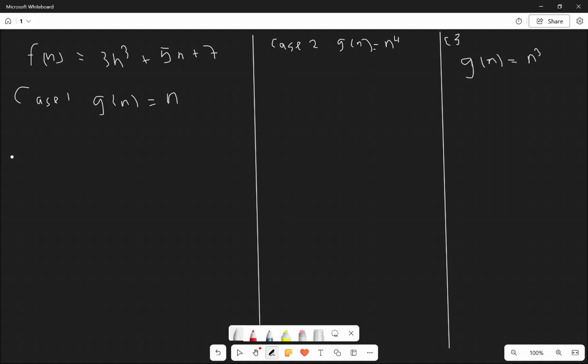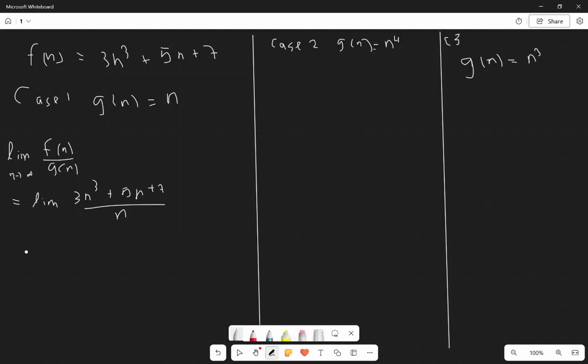So if I calculate the value of the limit, I won't be writing n goes to infinity over and over, but you should write it. It's going to be fn divided by gn, so 3n cube plus 5n plus 7 divided by n, because gn is n.